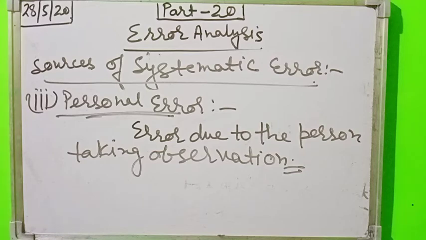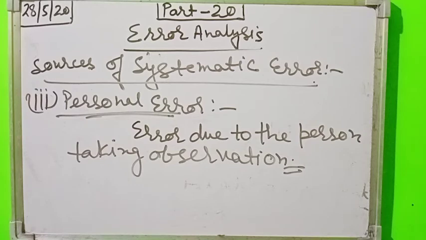Suppose it is advised in the measurement to take the observation from the normal point, just above the point to be measured, but someone is taking the reading from the left side or right side, then obviously there is error in the measurement.